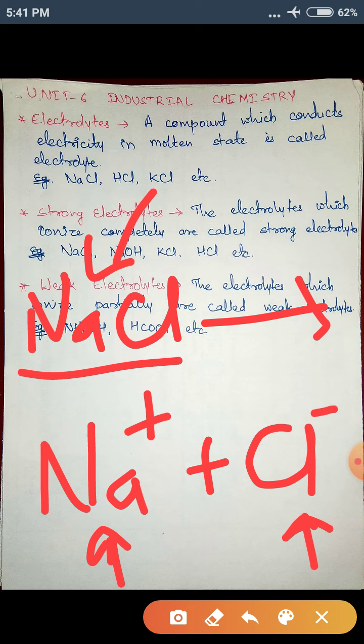If there are no free charges, there will be no flow of electric current. So remember, when we dissolve NaCl or HCl or KCl, we get free charges.